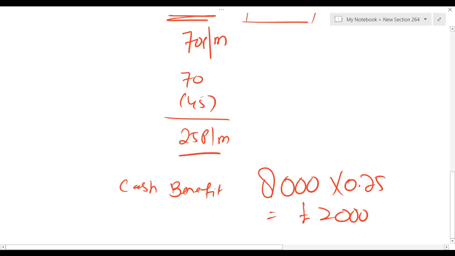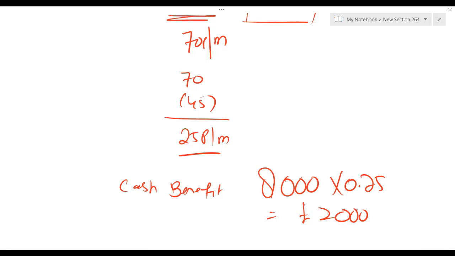So simply, when an employee uses his or her own car for employment purposes and the employer reimburses that employee, and the reimbursement amount is more than 45 pence, then only the excess amount over 45 pence is considered as cash benefit. Now the next question is, how do we pay class 1 employee NIC?